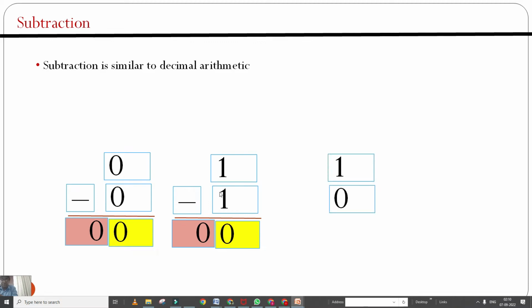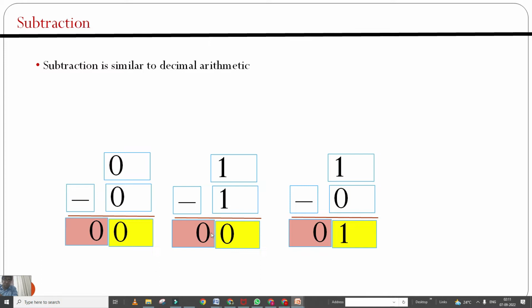And 1 minus 0, the borrow is 0, meaning without any due we can subtract 1 minus 0, so the difference is 1 and the borrow is 0.